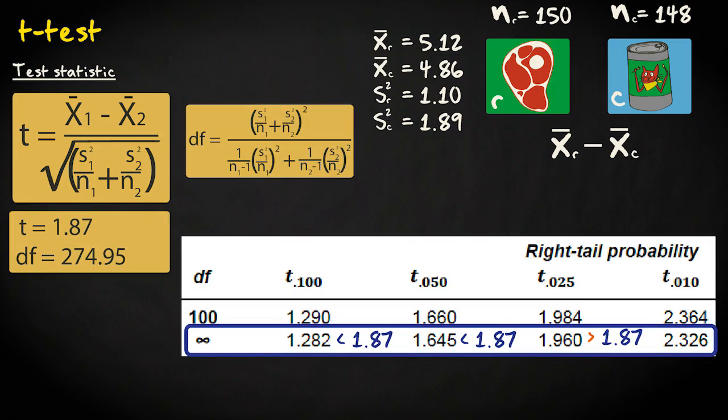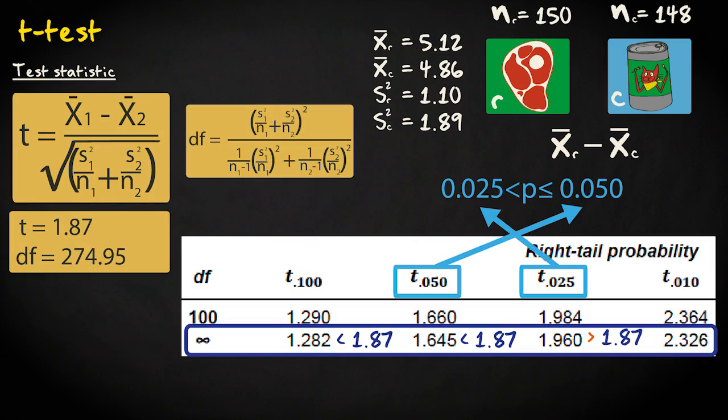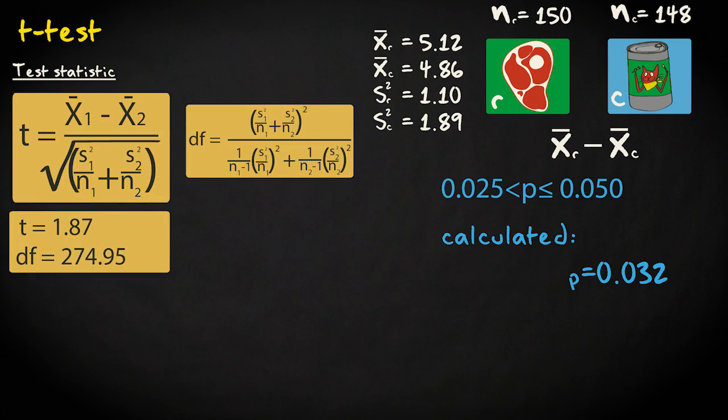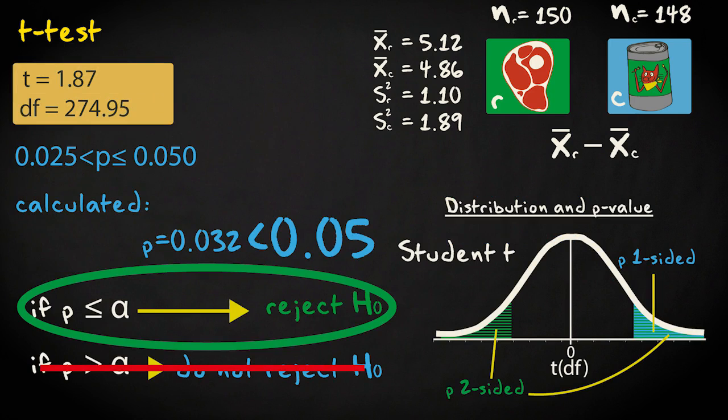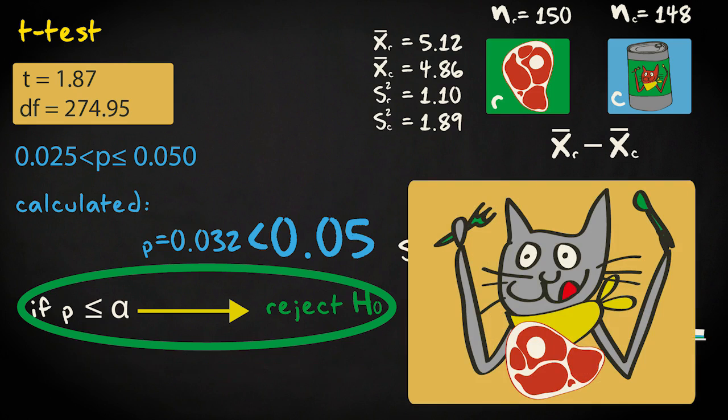If I use a table to look up the p-value, I find that it lies somewhere between 0.025 and 0.50. If I calculate the p-value with statistical software, I find a value of 0.032. This is smaller than the significance level of 0.05, so I can reject the null hypothesis. I conclude that the mean health score in the population is higher for cats on a raw meat diet as compared to cats on a canned food diet.